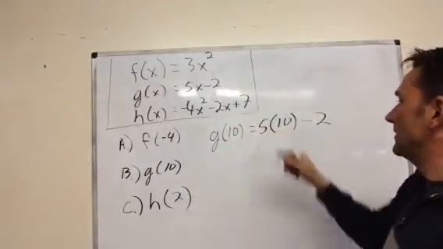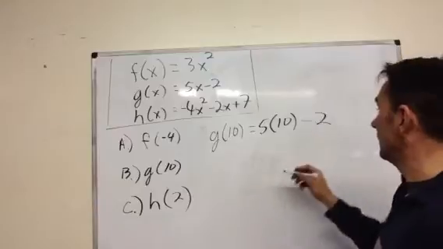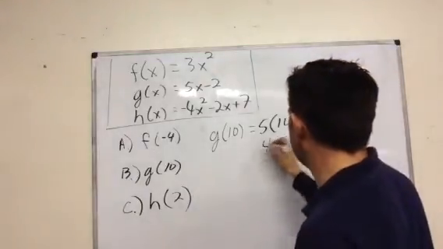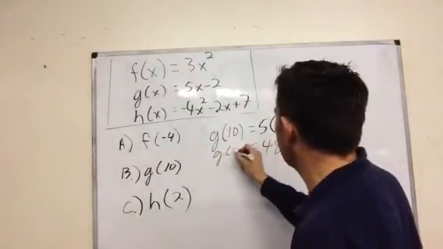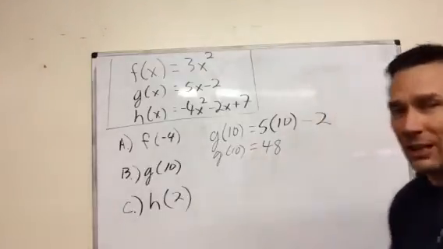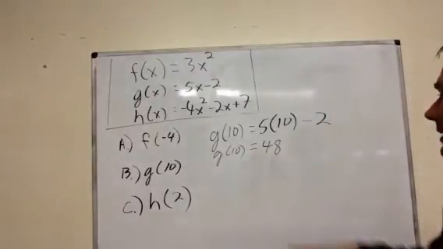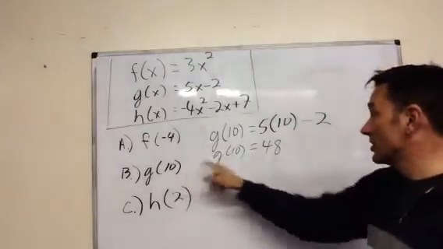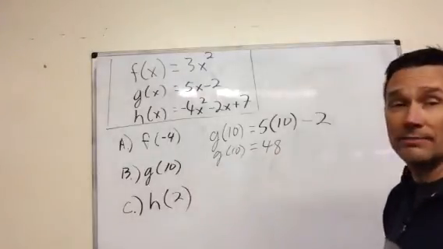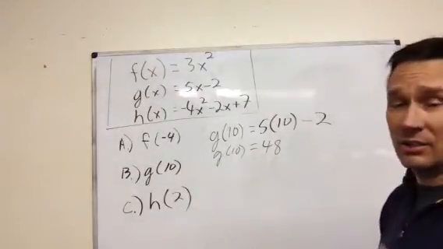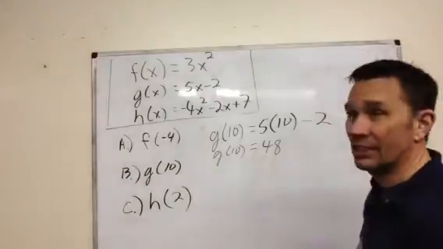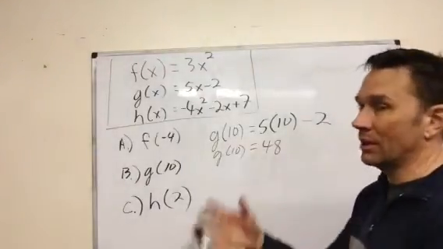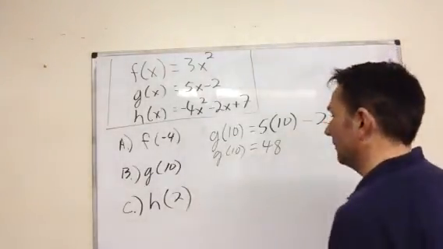Here we start with 5 times 10 is 50. 50 minus 2 ended up being 48. That is just coincidence. It's not always like that. So again, our range for this problem was 48. We're just evaluating. You'll hear me and maybe a lot of other teachers saying we're plugging and chugging: plugging a number in, chugging it out.